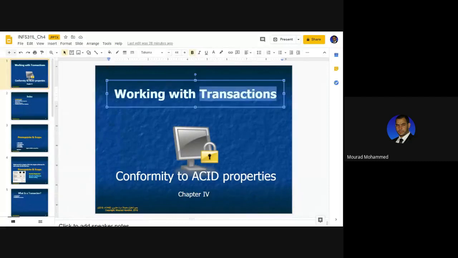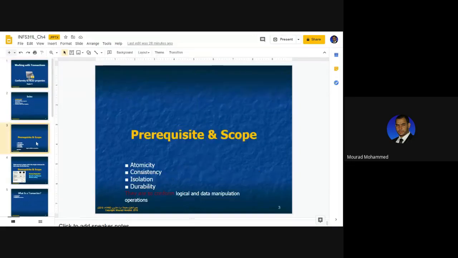A transaction has to be defined based on conformity to the ACID properties. ACID is a group of 4 properties that define how a transaction is built. It has to conform to those 4 properties in order to say that the transaction is fulfilled, secured, and ensured in the data.